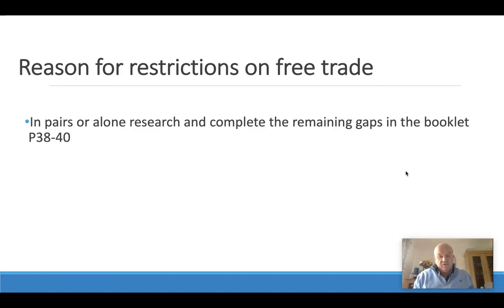So try to evaluate, try to sum up whether you think that's a good reason or a bad reason, weighing up all of the reasons for restrictions in free trade. Do you still believe free trade is a good thing, or do you think it's a bad thing? Being able to put a balanced argument together effectively is what I'm saying, I suppose.